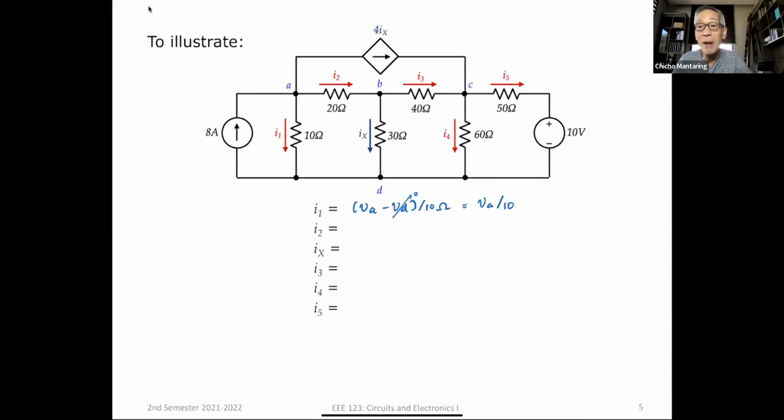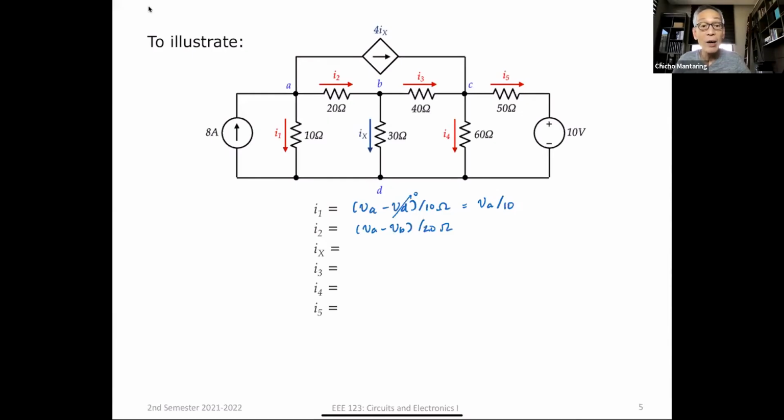This is a passive device, so by the passive sign convention, we know that the current will flow in the direction of decreasing potential. So it has to be VA, as answered. This is VA minus VB all over 20 ohms. So that's the value of I2.